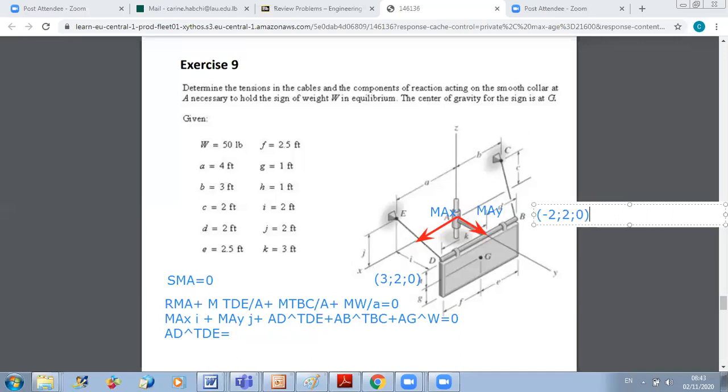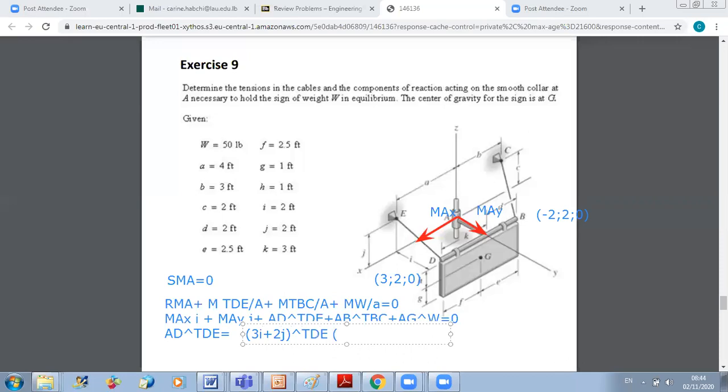Now, the next step is to write the vector. So vector AD, it's very simple because A is 0, 0, 0. So vector AD is 3i plus 2j. Vectorial TDE, and TDE vector is TDE magnitude, if you remember, times the unit vector of DE.